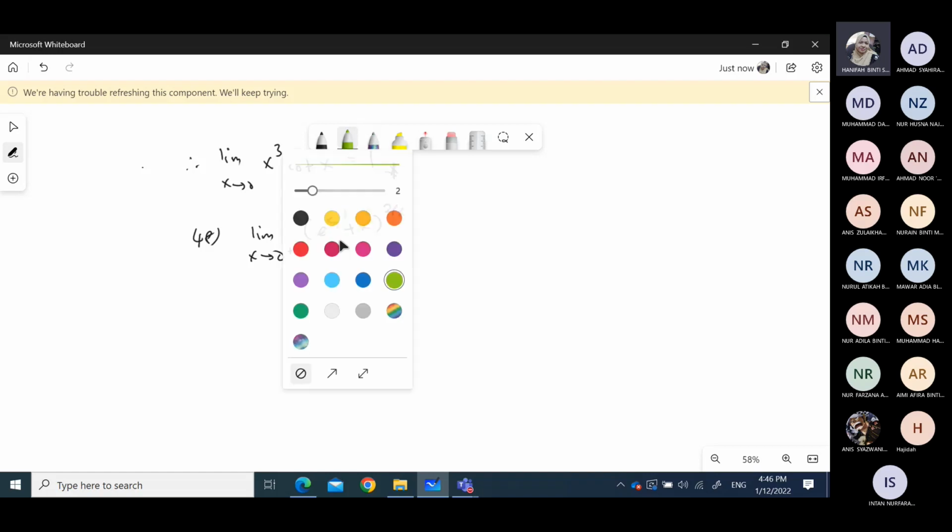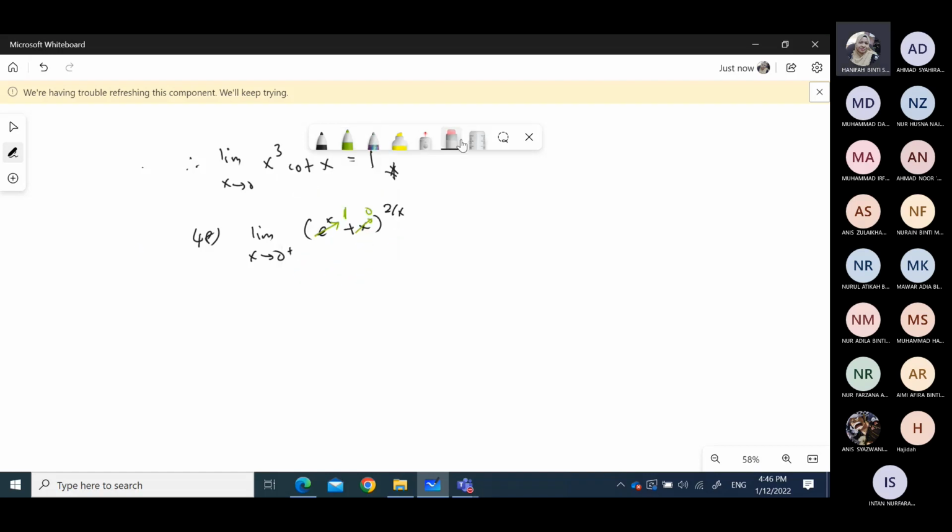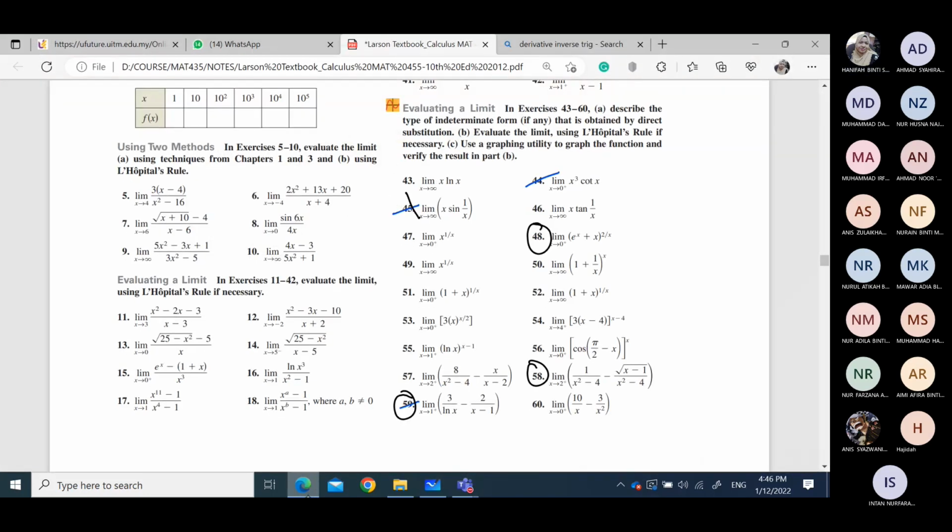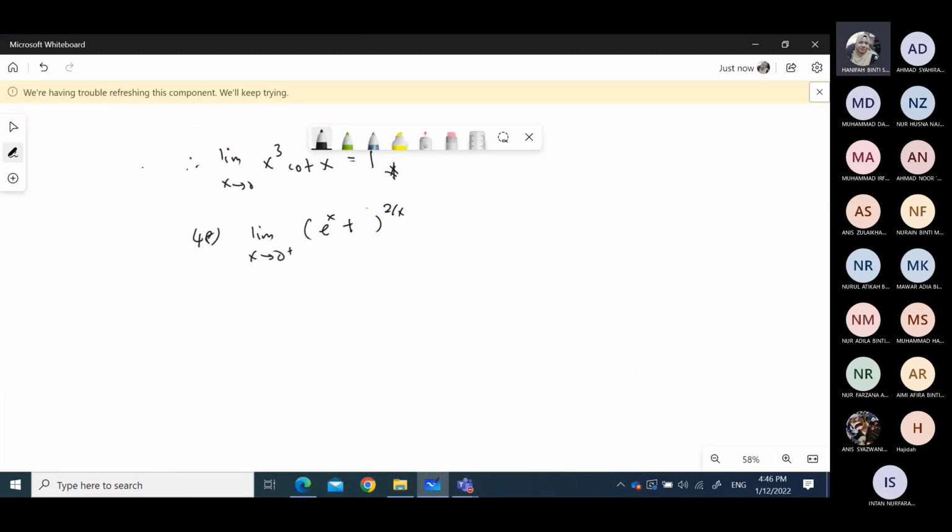Ataupun kita boleh katakan the whole thing for this one, exponent x plus x, the whole thing is 1 plus 0, which is 1.